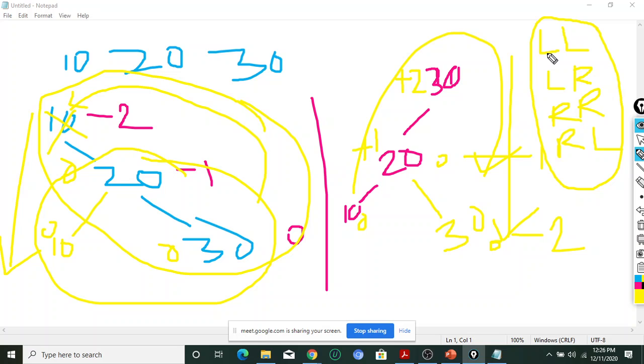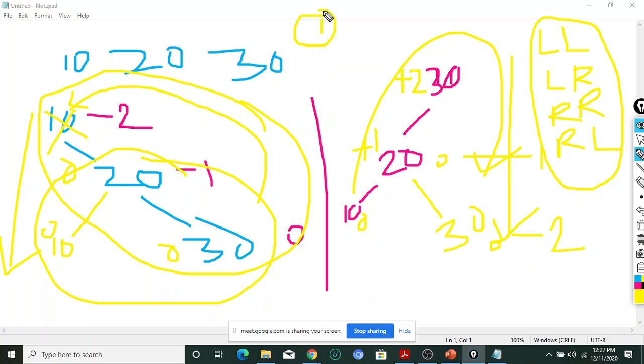First, an AVL tree is a binary search tree. First thing, is it clear? Yes, sir. Second point is, the height of the left subtree and right subtree of the root differ by at most 1.